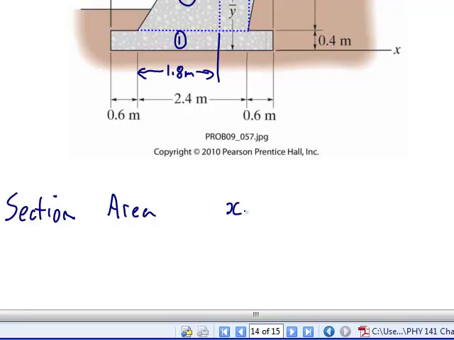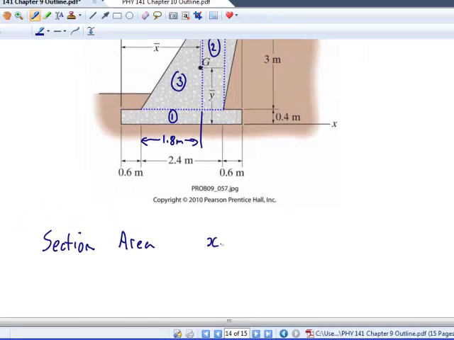Our table this time is going to have 2 extra columns because we have to find the x centroid and the y centroid.